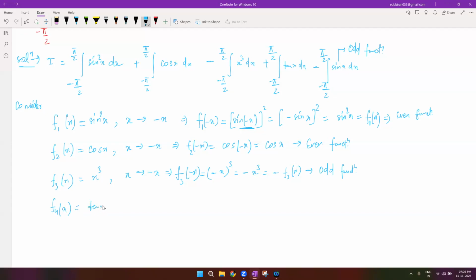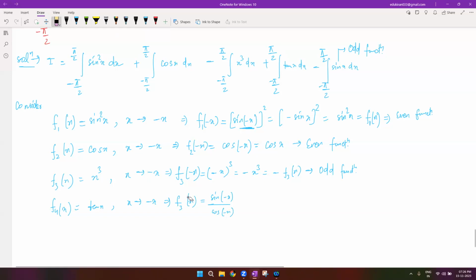Now let's also check tan x. So for checking tan x, we can write tan x as sin x upon cos x, right? So if I change x to minus x, this will become sine of minus x upon cos of minus x. My bad, just a minute.